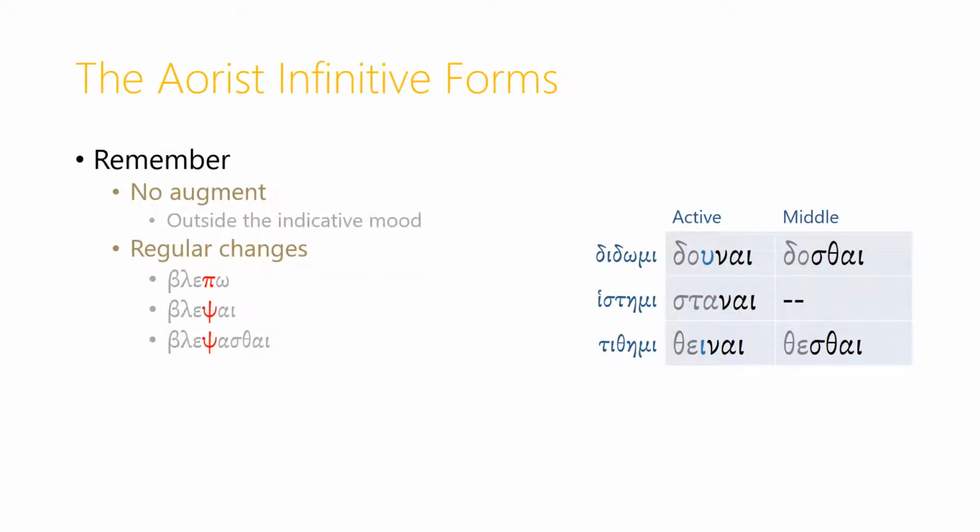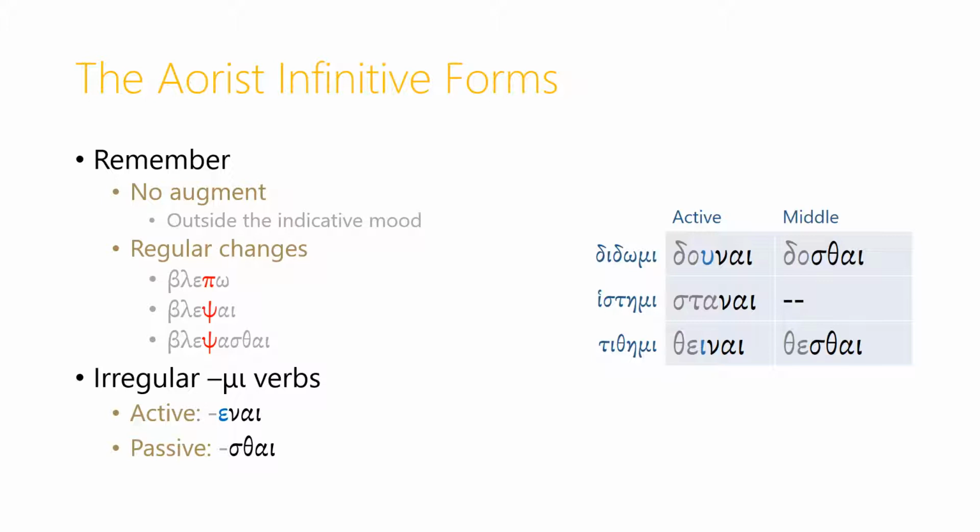The one tricky kind of verb when we get to the aorist infinitive is mi verbs, the verbs that end in -mi instead of the regular endings. And with these verbs, instead of adding -sai on the end in the aorist active infinitive, we add -nai.